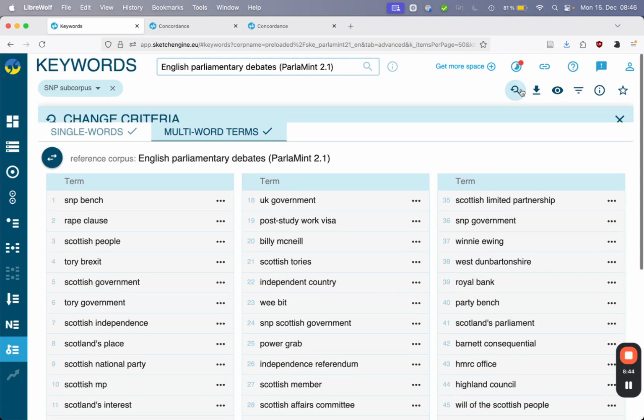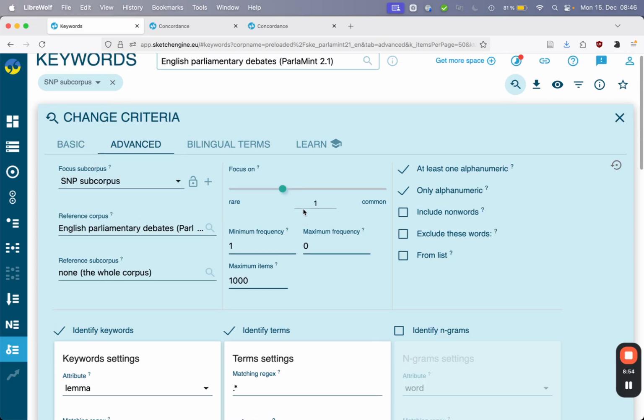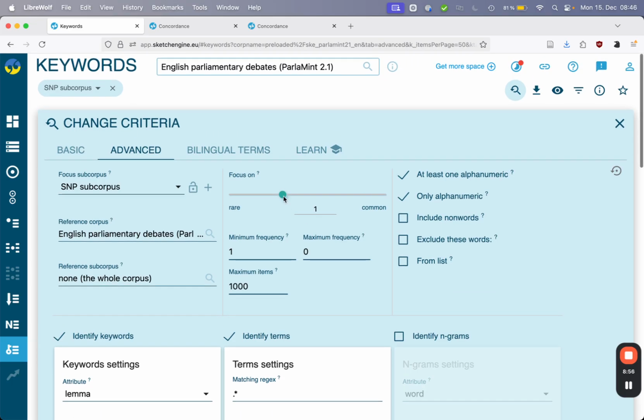If we go back to the criteria, I'd like to point to this slider, which is really important. Unfortunately, the actual units are very opaque in Sketch Engine, but essentially what we have is the more towards the left we go, the rarer the words are in the subcorpus, and so the more specific they are to our subcorpus.